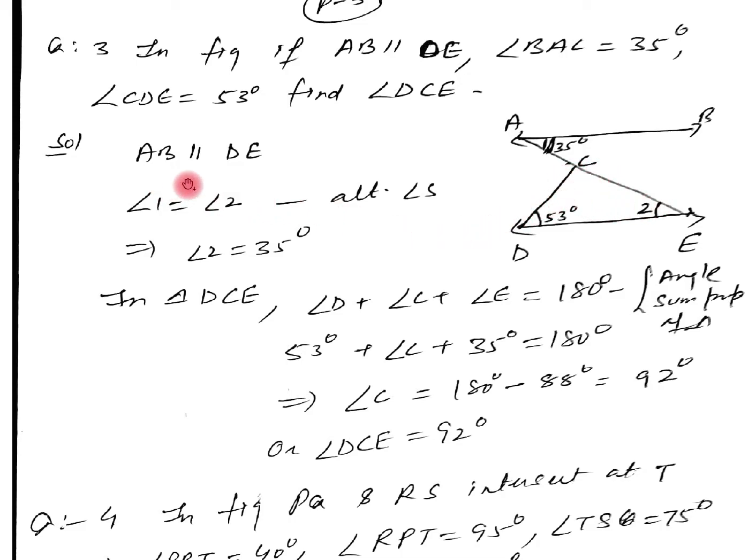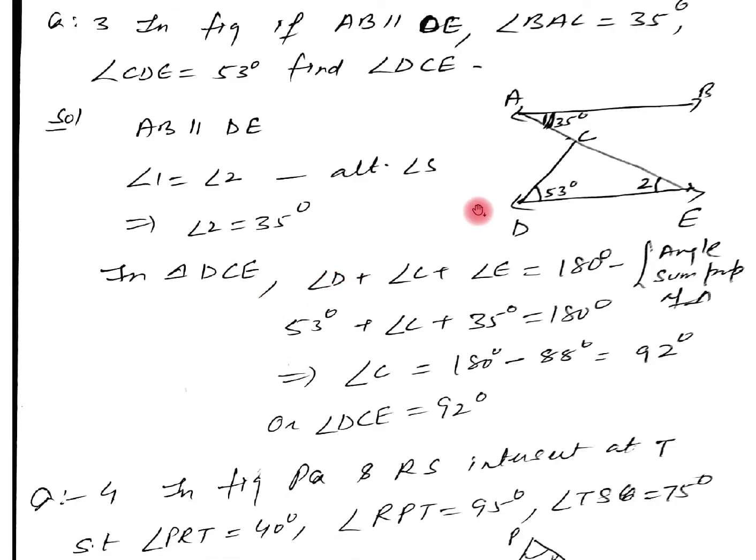Now here AB is parallel to DE, so we can write angle 1 equals angle 2, alternate angles. Angle 1 is 35 degrees, therefore angle 2 must be equal to 35 degrees, alternate angle.